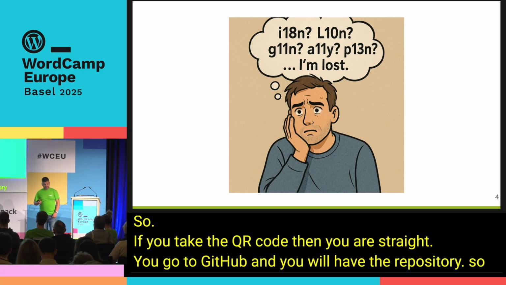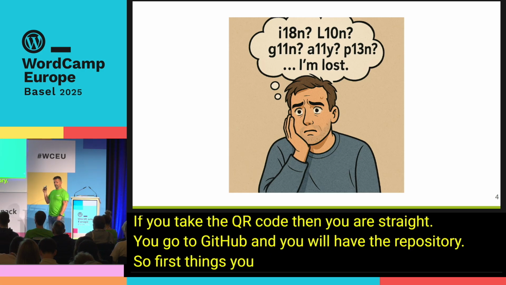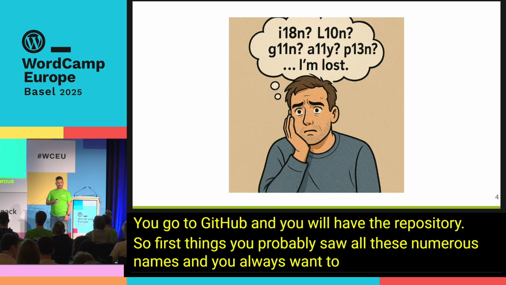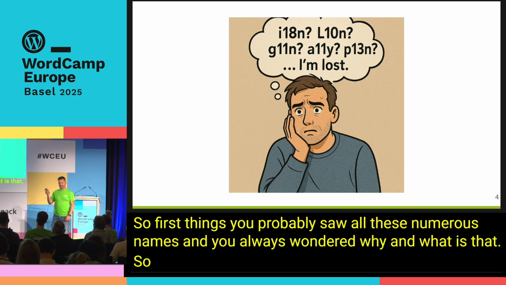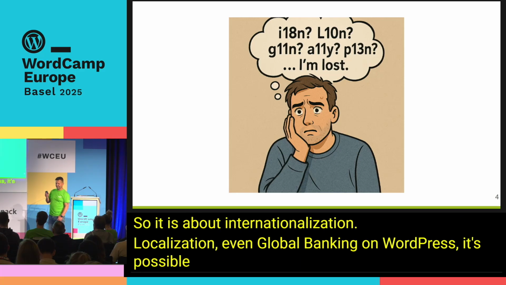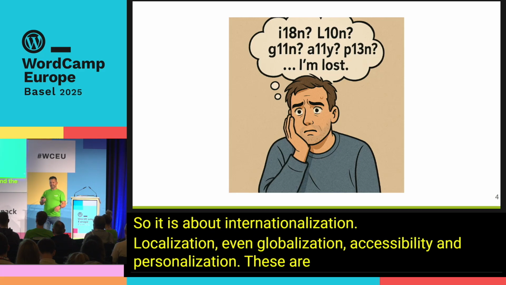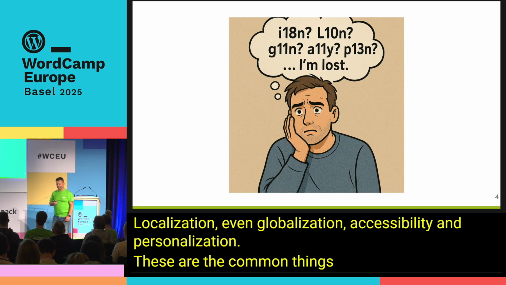First things first, you have probably seen all these numeronyms and wondered why and what they are. It is about internationalization, localization, even globalization, accessibility, and personalization. These are common things you see on websites.